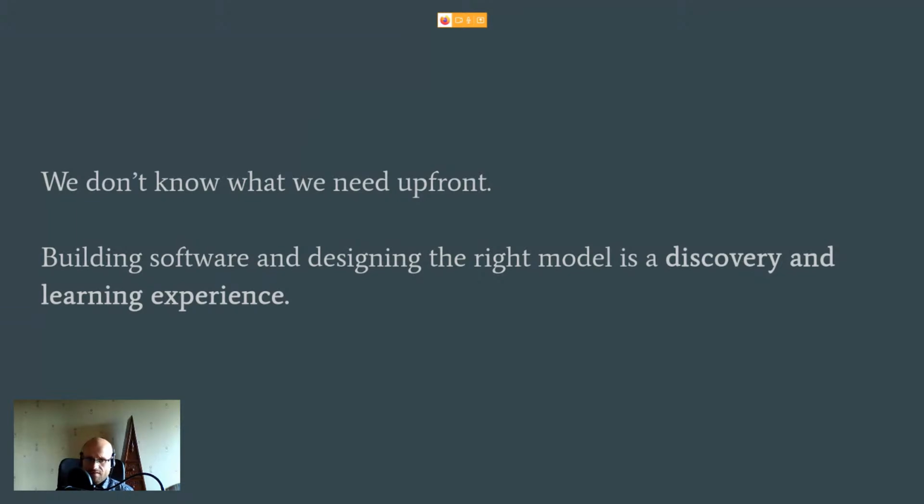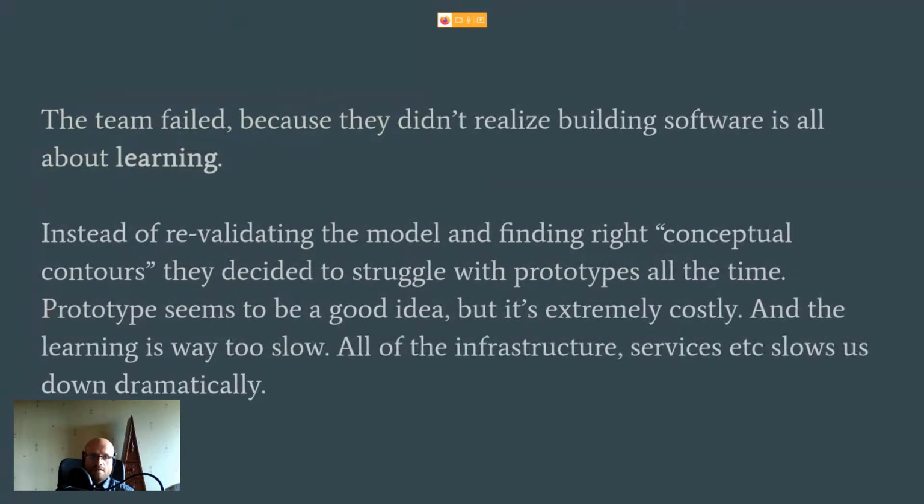When we want to create something new, it's extremely hard to predict our future needs. Building software and designing the model is all about discovery and learning. This particular team failed because they didn't realize it.